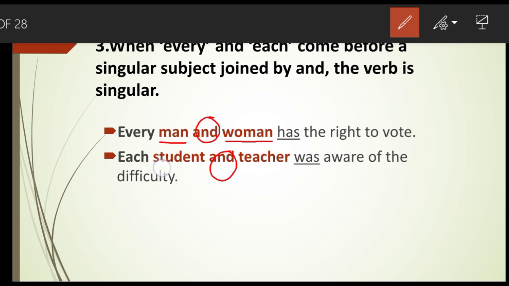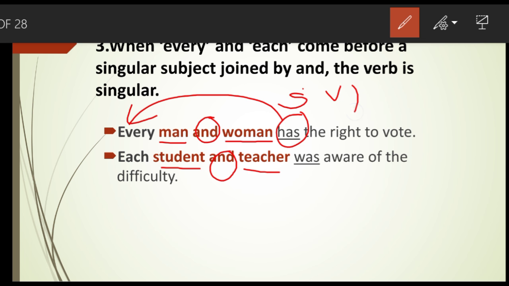Another example, student and teacher. Okay. So, dito sa first sentence, every man and woman has yung ginamit. May S. So, singular yan. Bakit? Has the right to vote. Kasi nga, meron tayong every in the beginning. So, kahit joined by and siya, kung meron namang every or each in the beginning, we will still use the singular form of the verb.